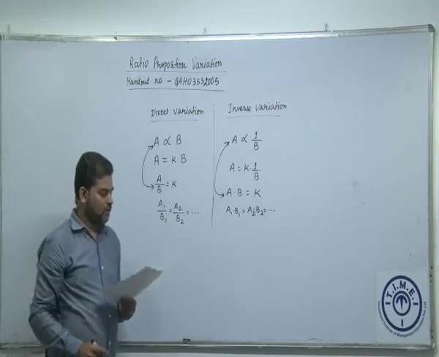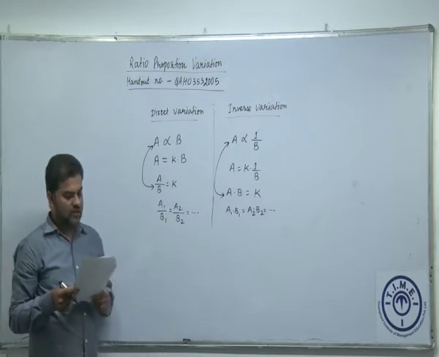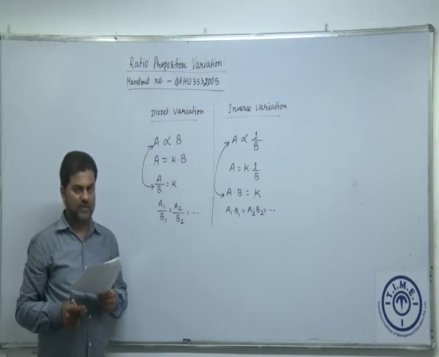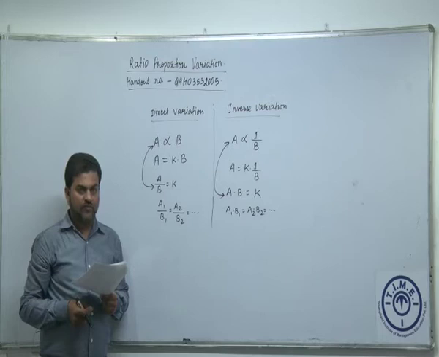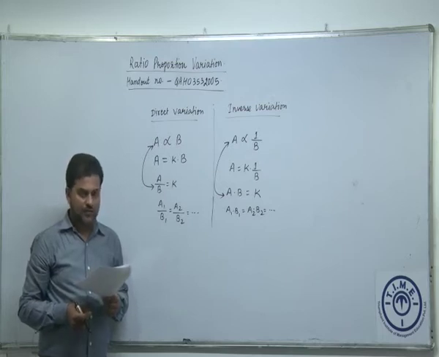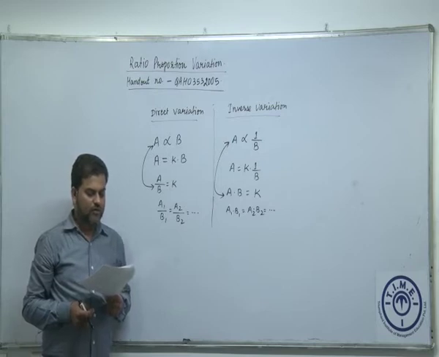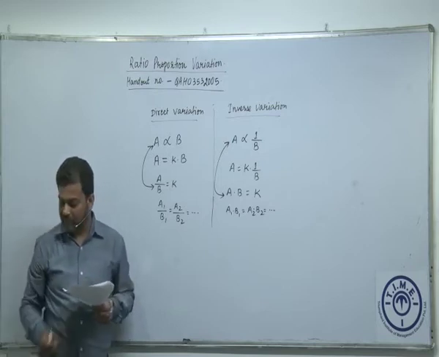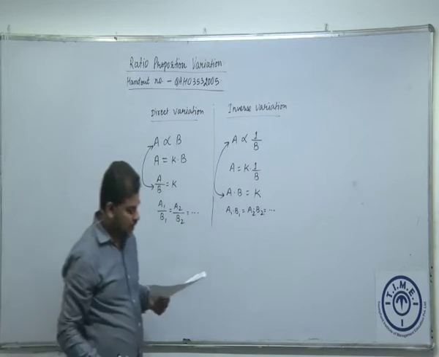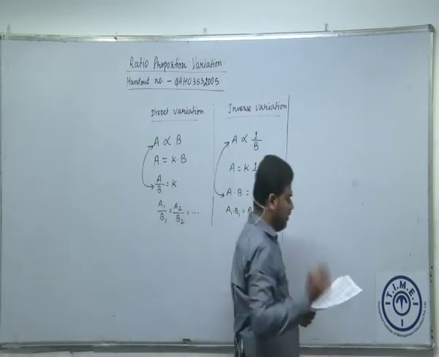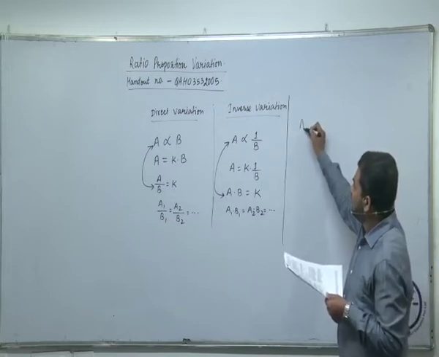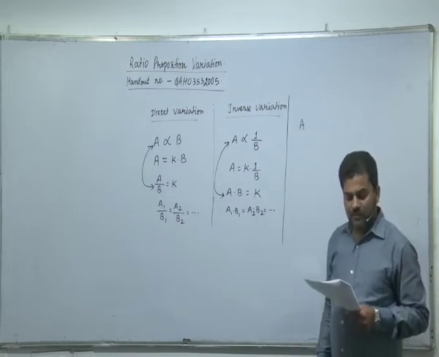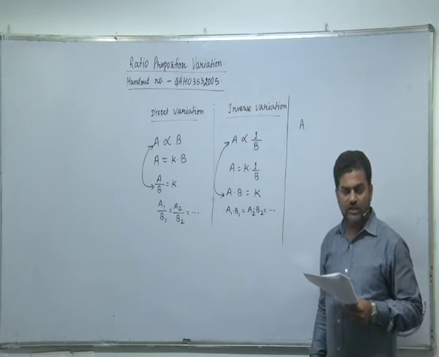What is given in the question? It says the area of a circle varies as the square of its radius. Given that the area of the circle is 180 square feet when the radius is 6 feet, find the radius of the circle with an area of 245 square feet. Let us represent it here on the board. The area of a circle, let us say area we represent as A, varies as the square of its radius.